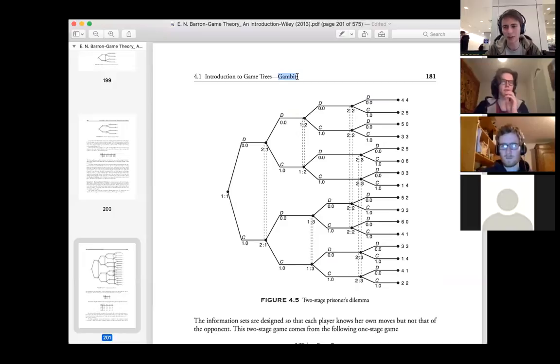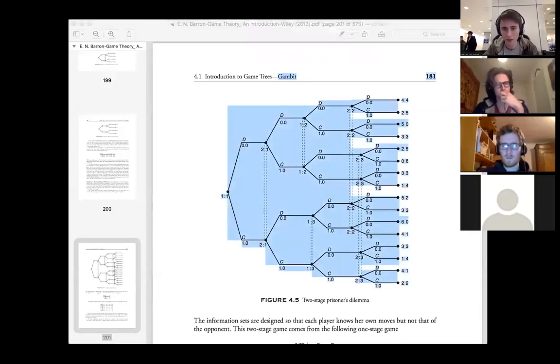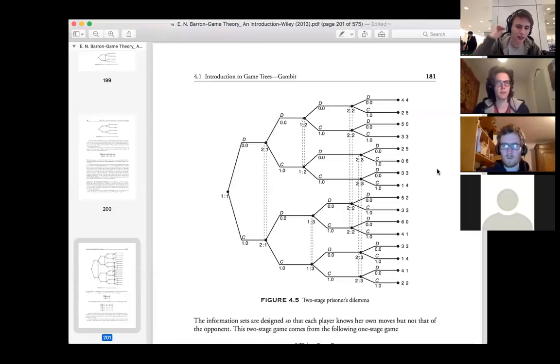I wasn't actually able to check out that tool. Oh man, I should have done a demo. It seems like it's very cool and it will solve these for us. How can you find Gambit? To be honest, I don't know. I can look it up, I can research that in the meantime. Yeah, that'd be cool, because I haven't actually checked it out yet.